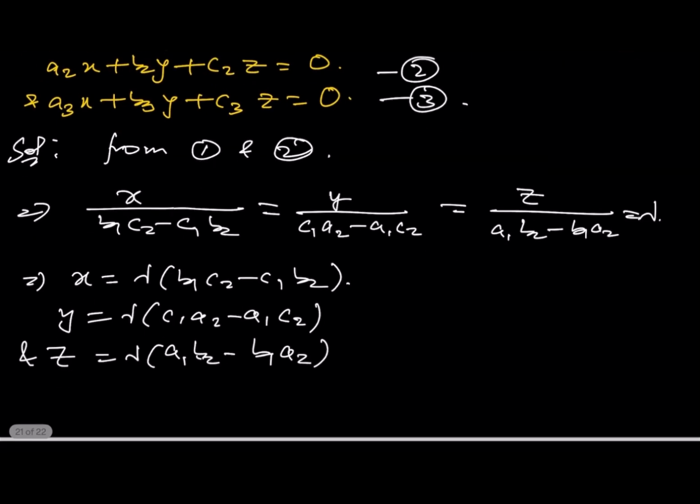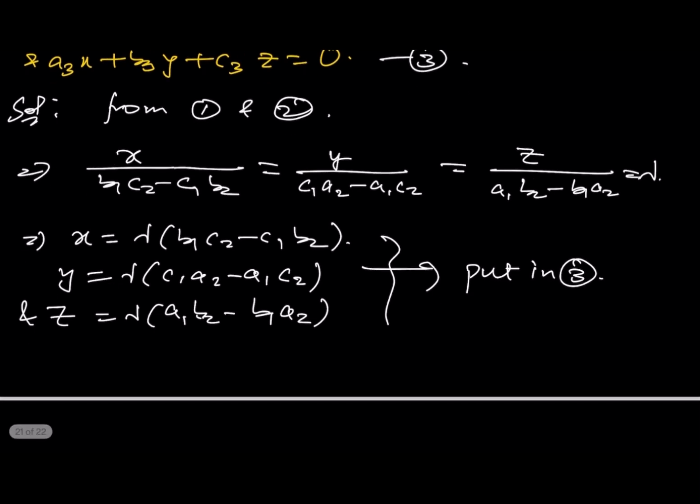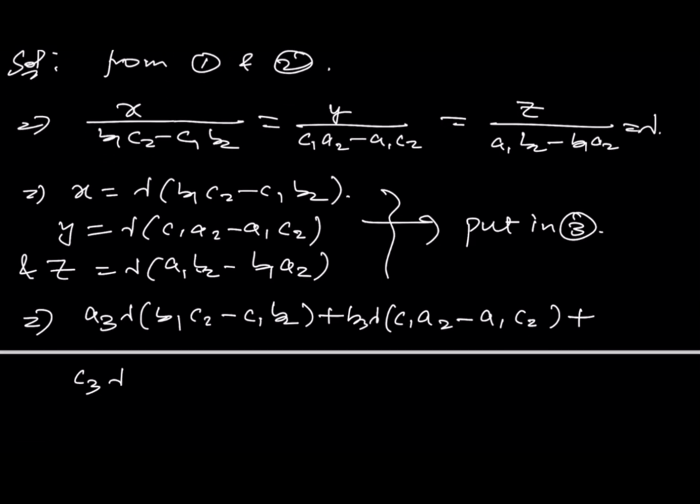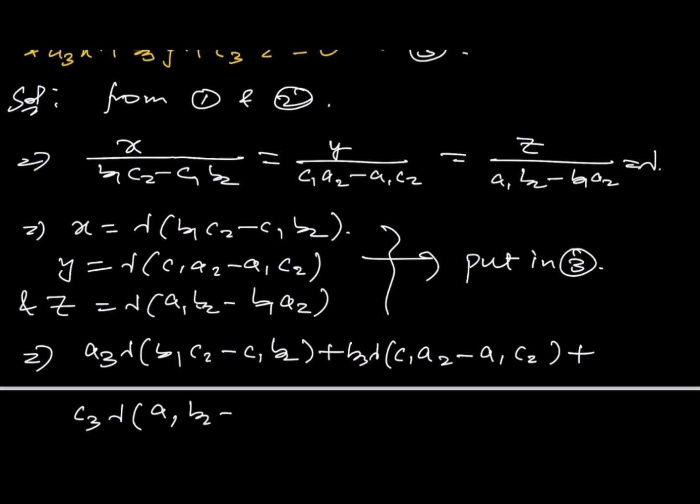Now if I put these three in the third equation, x, y and z will be eliminated. So a3 times lambda times b1 c2 minus c1 b2 plus b3 times lambda times c1 a2 minus a1 c2 plus c3 times lambda times a1 b2 minus b1 a2 is equal to 0, right?